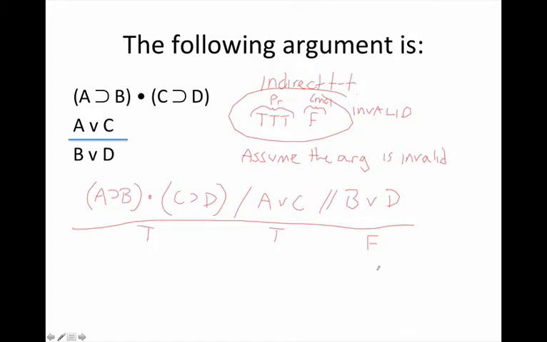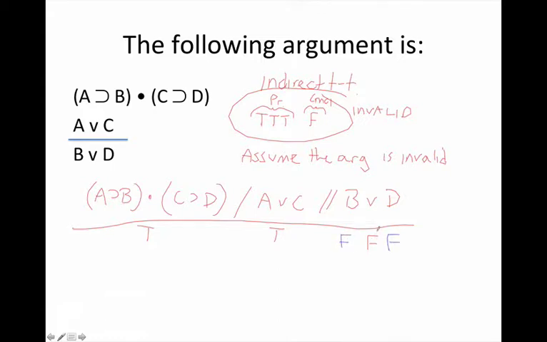By working backward, I mean something we did in our practice for chapter 7: we take our truth definitions and we infer from the definition of the whole what the parts must be. For a disjunction, a wedge, there is only one circumstance in which it is false, and that's when each of the disjuncts is false.